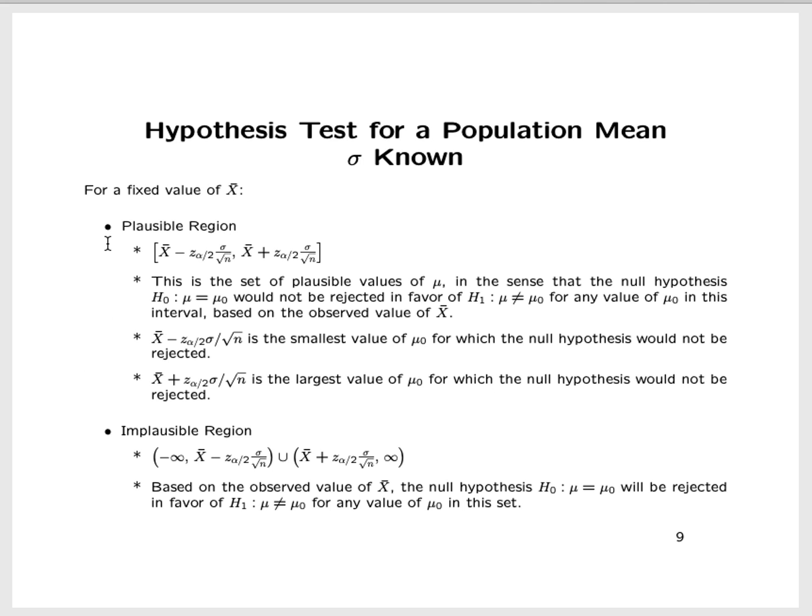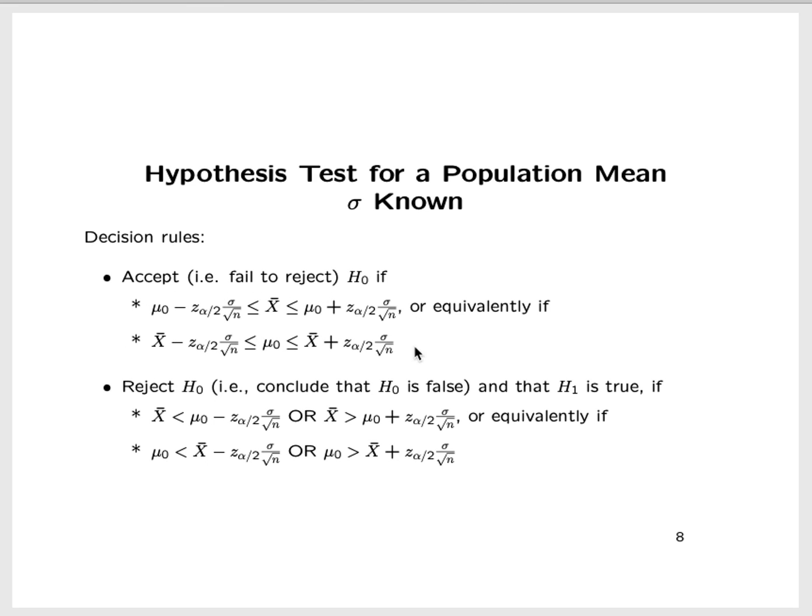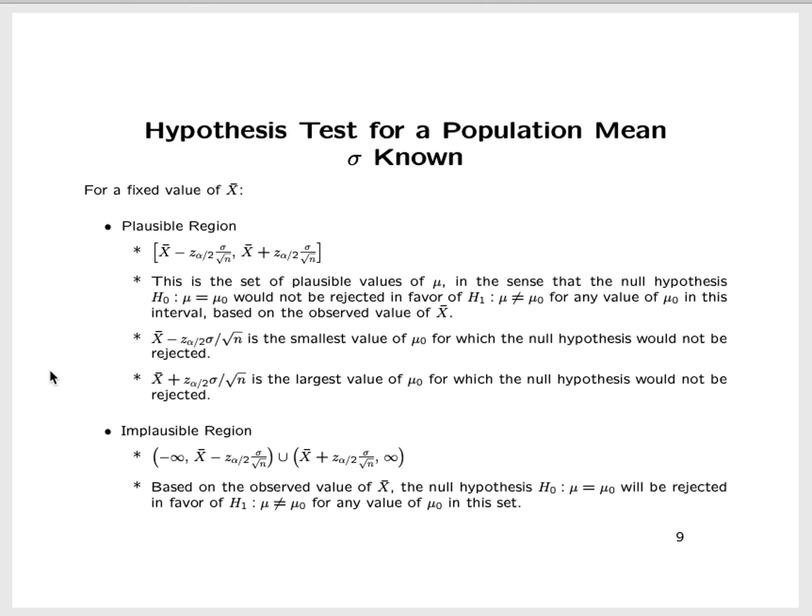Notice that I'm getting this formulation from the second set of bullet points in the previous slide. The plausible region would be the interval with lower endpoint x bar minus z sub alpha over 2 times the standard error of x bar, and upper endpoint x bar plus z sub alpha over 2 times the standard error of x bar.